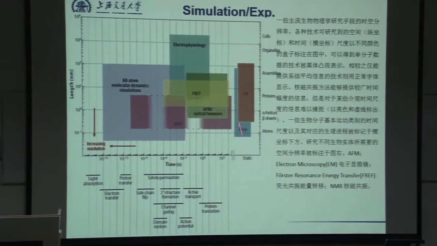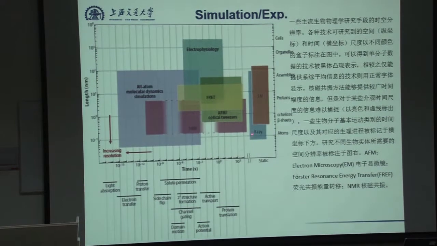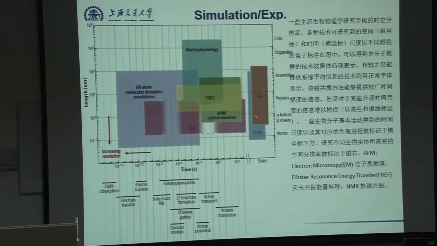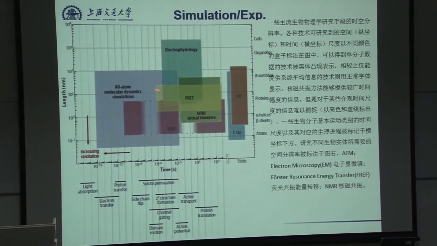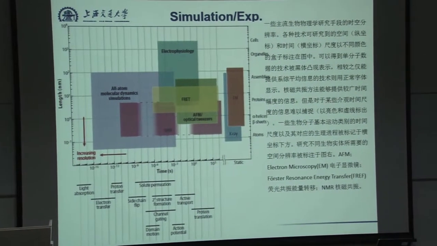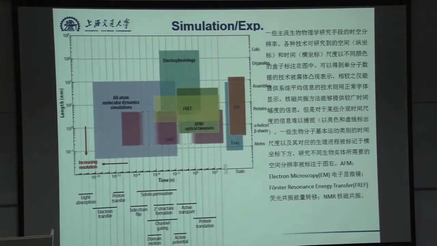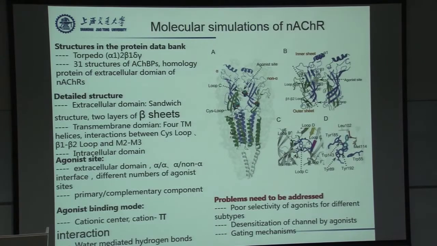And also, this is really an average, one snapshot of the protein structure, from NMR and X-ray, but we do have a lot of copies or sampling of these protein structures. So it's a very useful tool now.